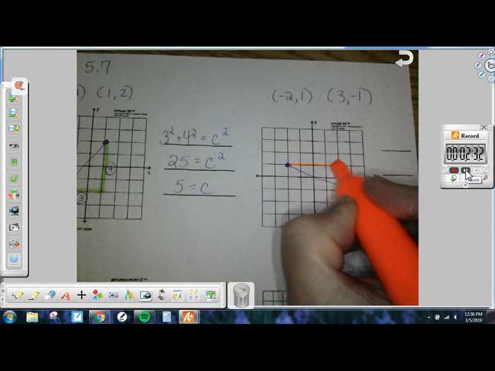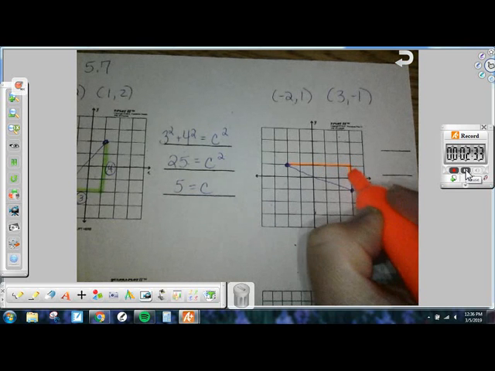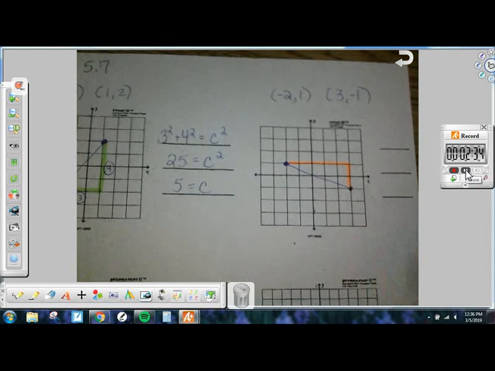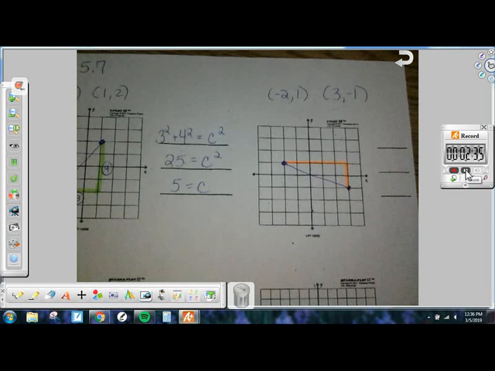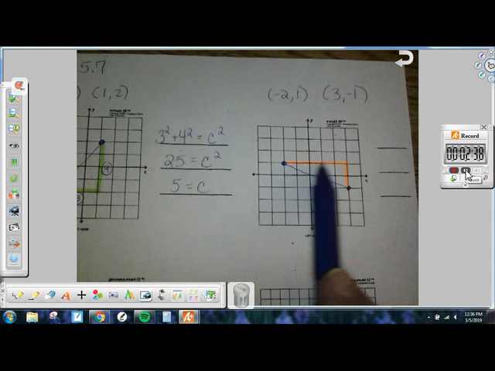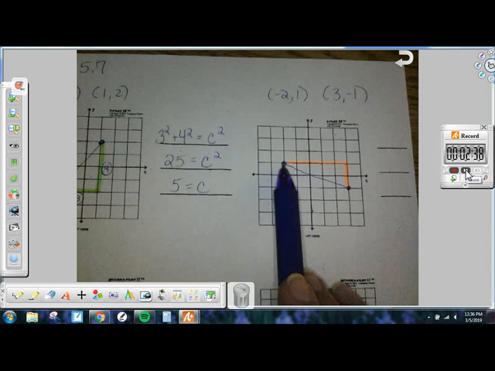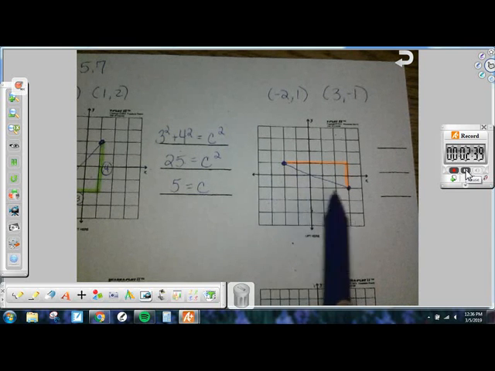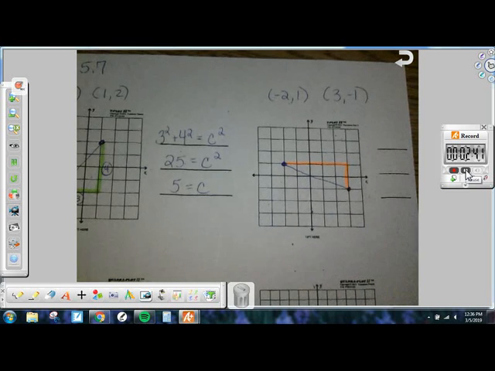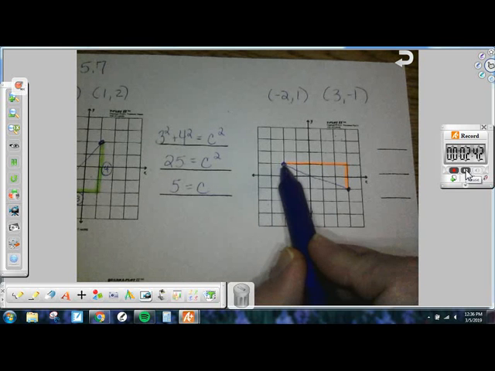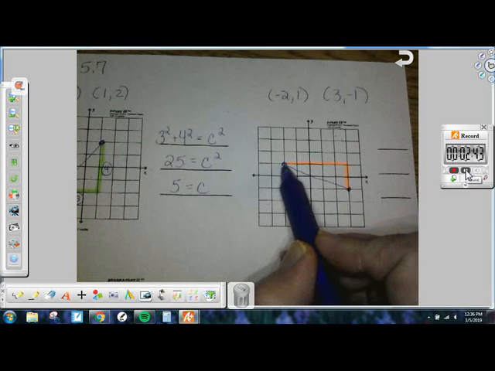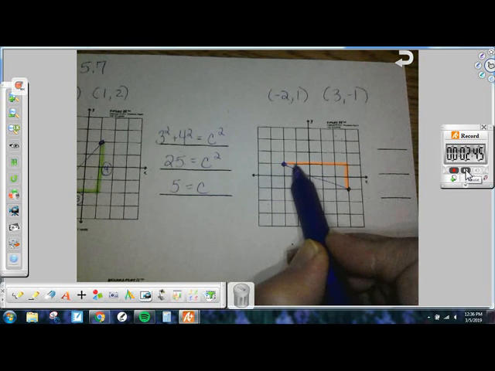Next, I am going to create my legs of my right triangle. If I count this side, it's 1, 2, 3, 4, 5. This one is 1, 2, 3, 4, 5, 6, 7, 8, 9, 10, 11, 12. So we have 5 squared plus 12 squared equals c squared. 5 squared plus 12 squared is 169 equals c squared, which means c is exactly 13 units.